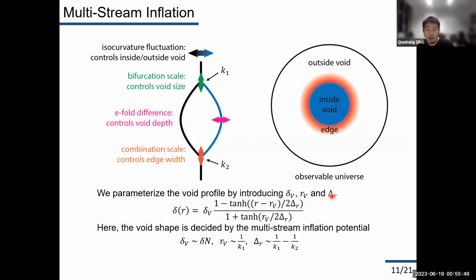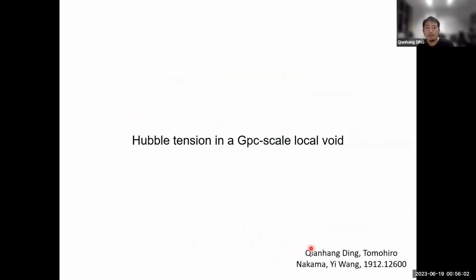Here we use three parameters to parameterize the void profile: the void depth, void radius, and void thickness, which are related to the inflation parameters. So let's first take a look at the Hubble tension in this GPC scale local void, which is based on this paper.